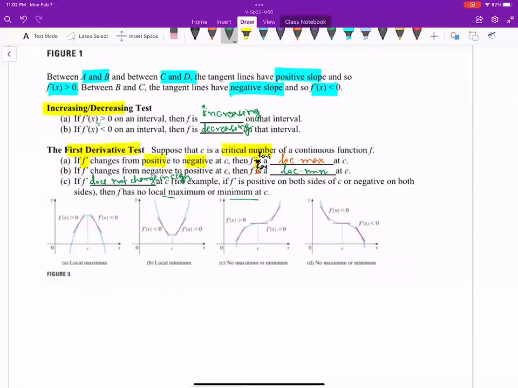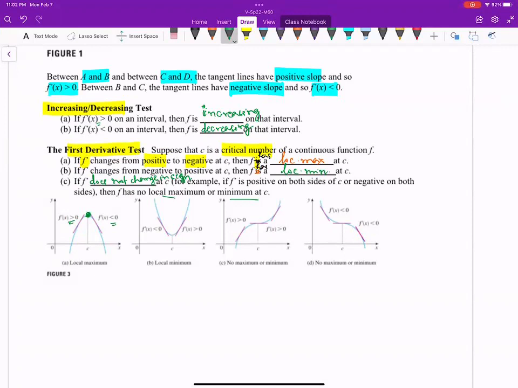In picture one, at this point c, you notice that f prime x changes from positive to negative. So on the left side of the peak, the function is increasing, and on the right side of the peak, the function is decreasing, because the slopes are positive and negative respectively.